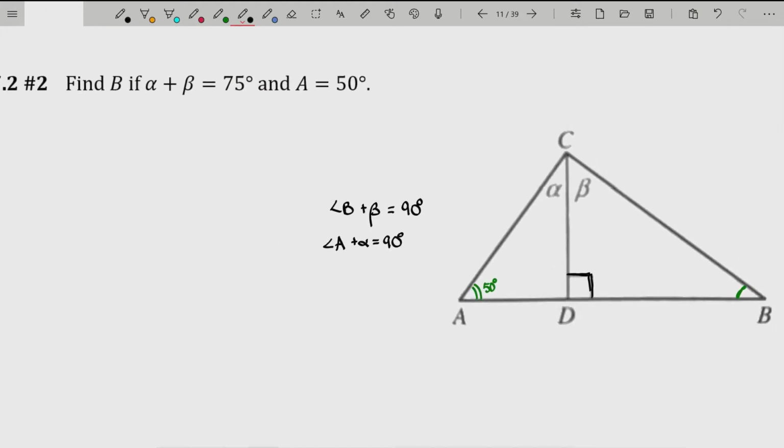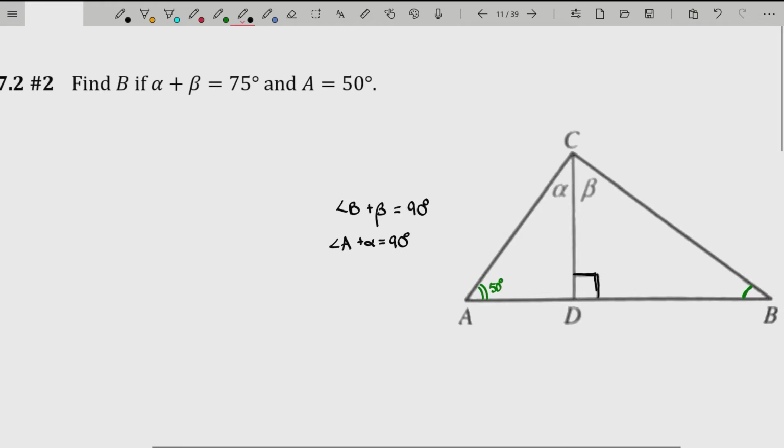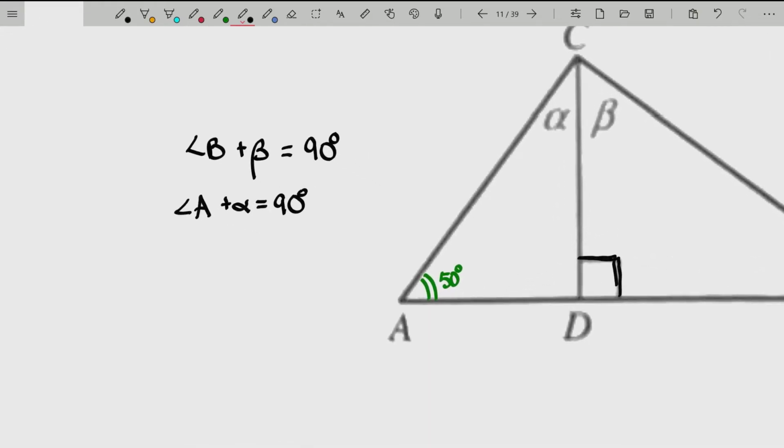They gave us what angle A is, so I can find alpha. Angle A is 50 degrees, plus alpha is 90 degrees, so alpha itself would be 40 degrees. So I can write that in here.